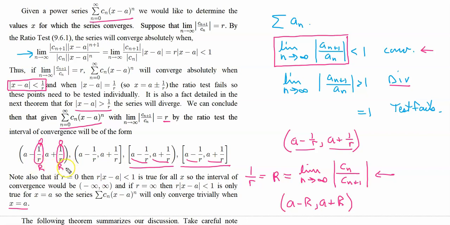So your radius of convergence would be capital R, because if you were to graph this on the number line, here would be A, right here would be A plus capital R, right here would be A minus capital R, and so you see these distances right here are capital R. Now let's take a look at this theorem.